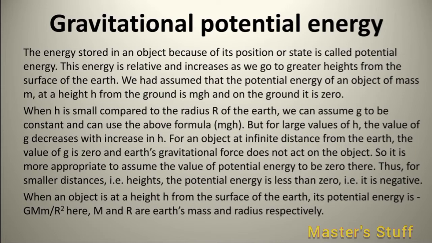Here, capital M and capital R are Earth's mass and radius respectively. Thus, we conclude that the potential energy, or rather gravitational potential energy, is always negative, given by the formula minus GMm upon r².